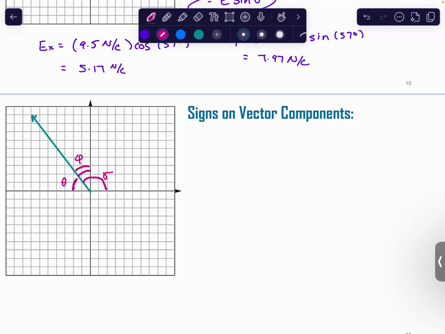Theta is clockwise up from the negative x-axis. Phi is counterclockwise from the positive y-axis, and gamma is counterclockwise from the positive x-axis.